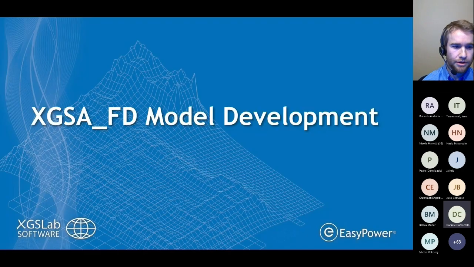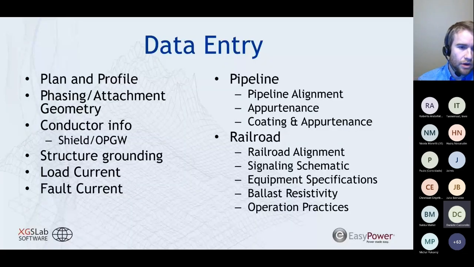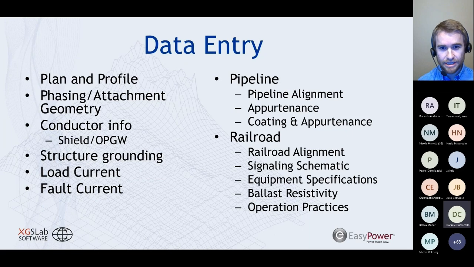So I'm going to switch over to XGSA_FD modeling in just a minute, but what we try to do is gather information from multiple sources and multiple industries. So we have our transmission line side, where they may provide a plan profile, phasing arrangement, the load current and fault information. On our recipient side, that could be the pipeline or the railroad, we can have the pipeline alignment, the appurtenances associated with that, those test stations, test valves, or the valves, that coating material and its properties.